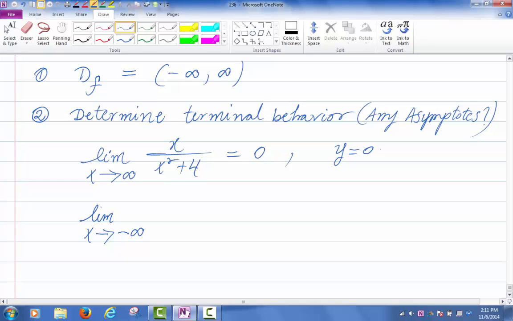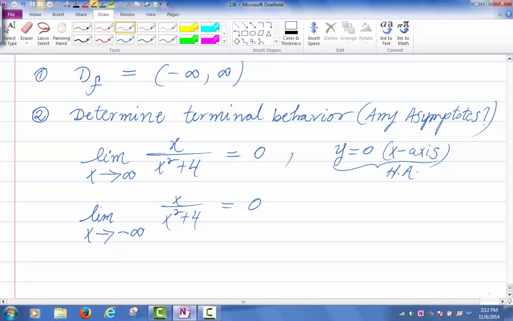That would mean that you have a horizontal asymptote at the height y equals 0. And y equals 0 is exactly the x-axis. So that's a horizontal asymptote. And if I look at the limit at negative infinity, it is also 0. So I don't get another horizontal asymptote.